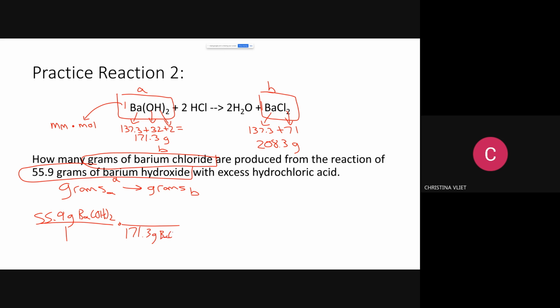And what goes on the top? 208.3. There you go, right, faster. Then multiply and divide, and you have your answer. So it'd be 55.9 times 208.3 divided by 171.3, and you get 68.0 grams of barium chloride.